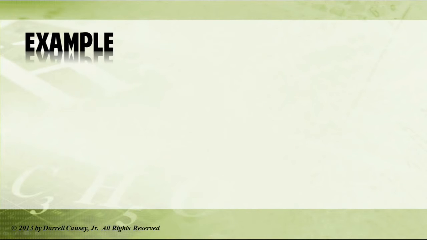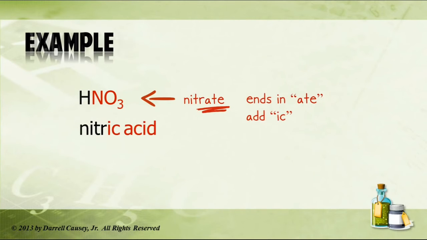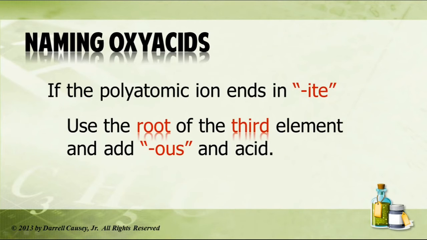Let's try some. An example, HNO3. Well, NO3 is our polyatomic ion, and it is nitrate, so it ends in ATE, so we're going to add IC, and that would give us nitric acid. If the polyatomic ends in ITE, use the root of the third element and add OUS and acid.